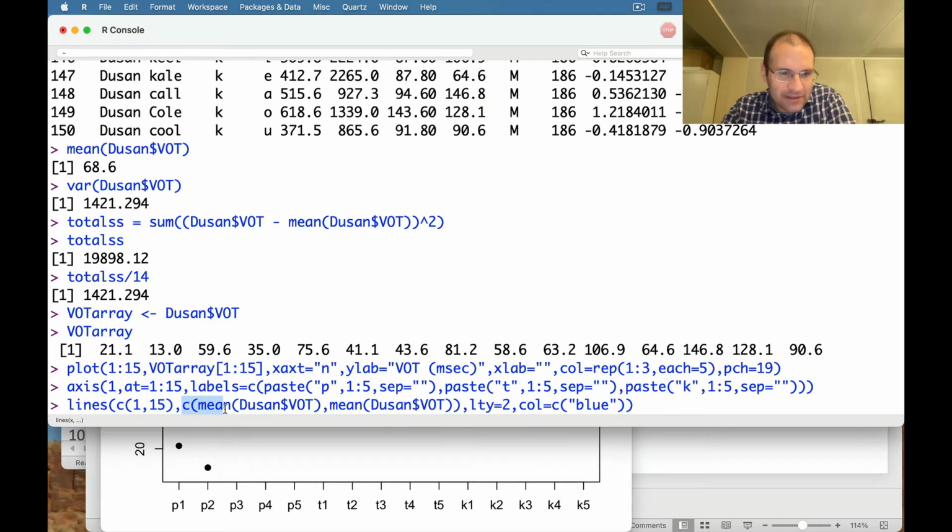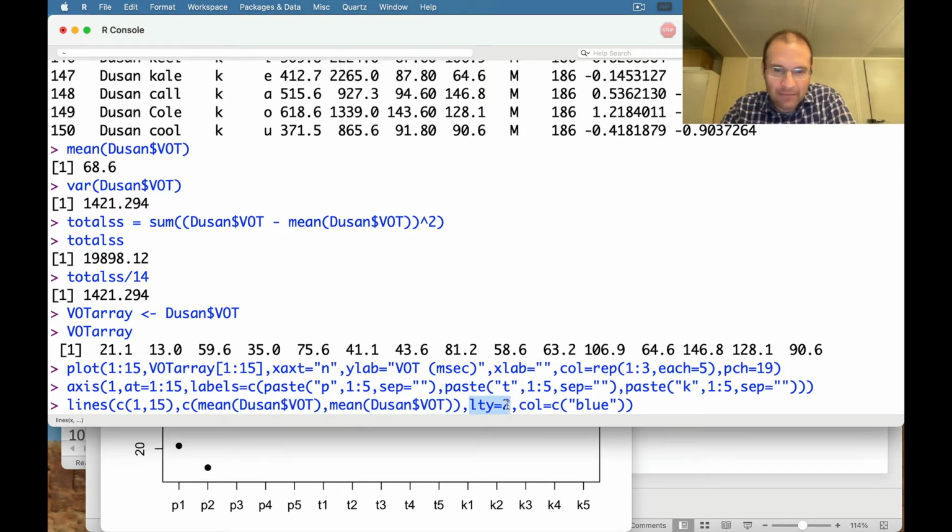And then this stuff is the values you plot for y. And what this is doing is basically saying start at x value 1, and the y value is the mean value of Duchamp's VOT, and then end this line on x value 15 and y value of the mean value of Duchamp's VOT. So the y doesn't change at all. It just plots the mean value of Duchamp's VOT from 1 to 15, going horizontally, basically.